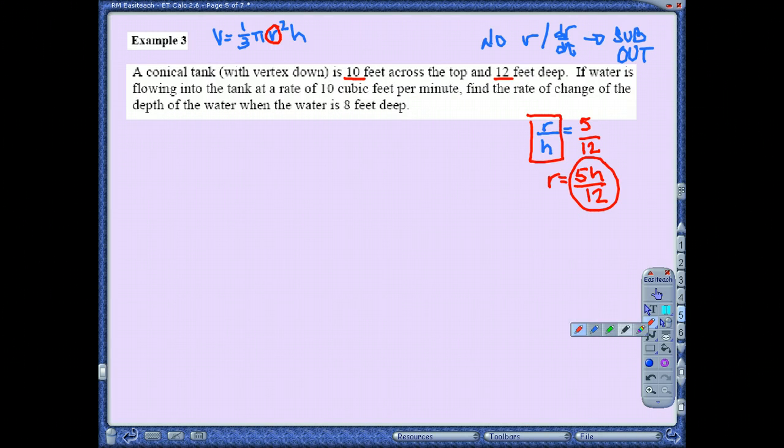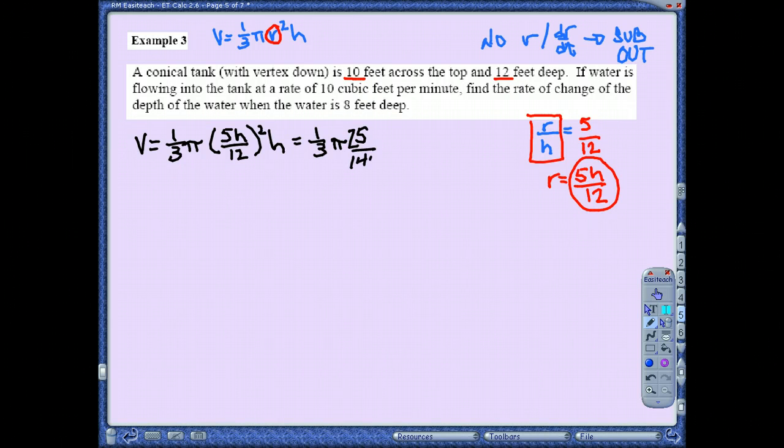My new equation, let's change this to black. Volume equals 1/3 pi. R is 5h over 12. That's going to be squared times h. If I want to simplify that a little bit more, I'm going to have 1/3 pi 25 over 144 h cubed. Now it's going to seem kind of goofy, but I'm going to leave it as 1/3 times pi times 25 over 144 h cubed.